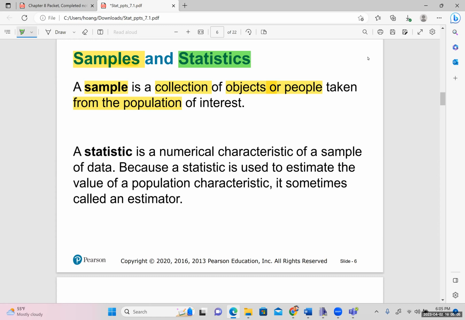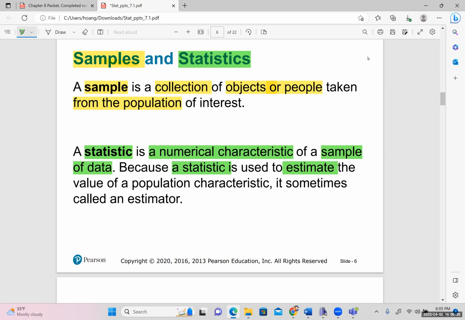And a statistic is a numerical characteristic of sample data, because a statistic is used to estimate the value of a population characteristic, which is a parameter.